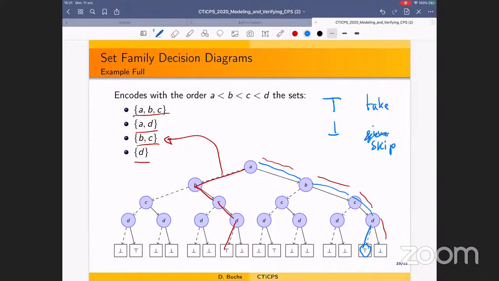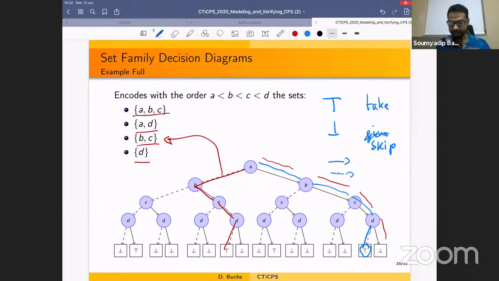When it is bottom, we skip the node. You also need to understand that the solid arrow is the take from the previous node, and the dashed arrow is the skip. So that is basically the classical concept of the BDD.